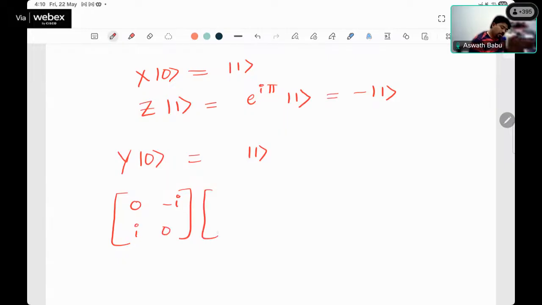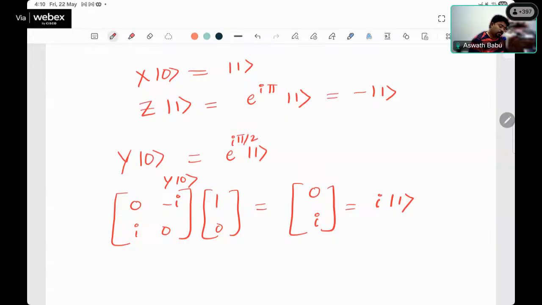So what is this? If I act on 0 ket, Y acting on 0, what do you get? 0, i. What is this? This is i into 1 ket. Okay. So exponential i pi by 2.